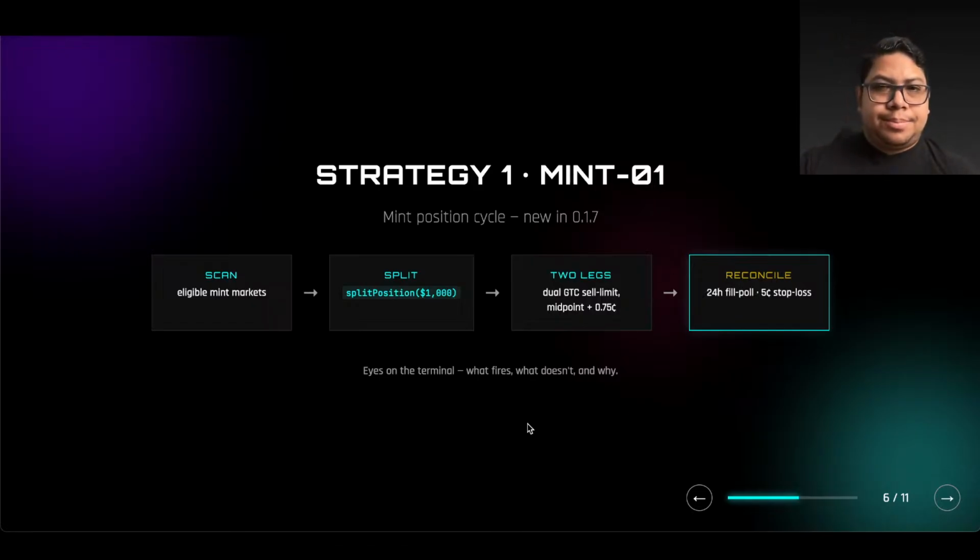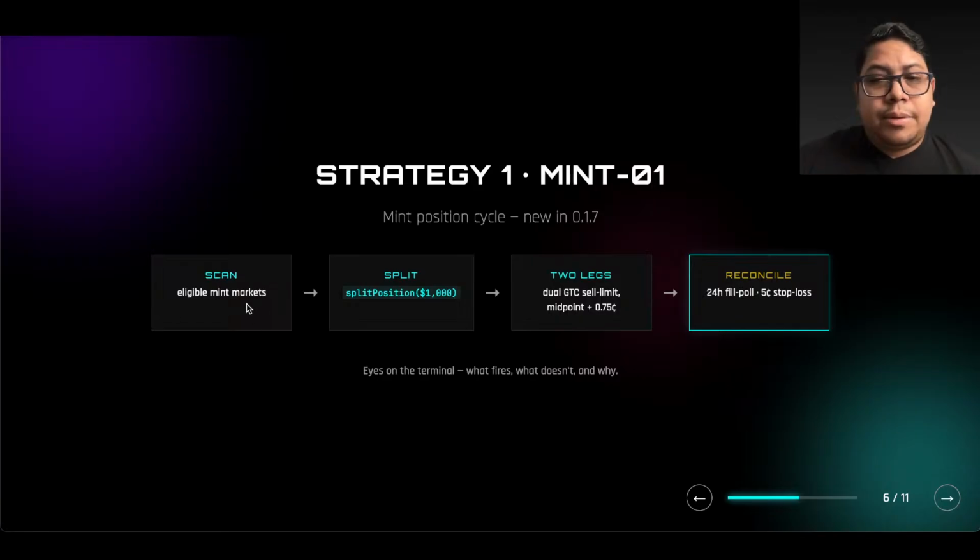Right, first, a very high-level view of the Mint 01 strategy, right? In this case, it's a flow diagram. So we have the scanning, all of the strategies scan, right? Because they have to get information in order to make decisions.